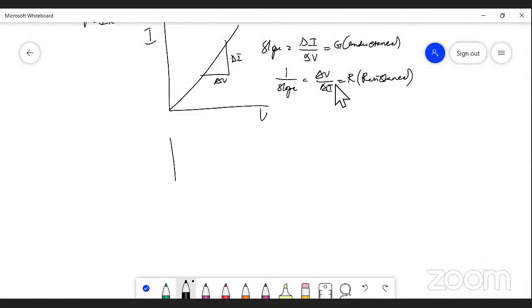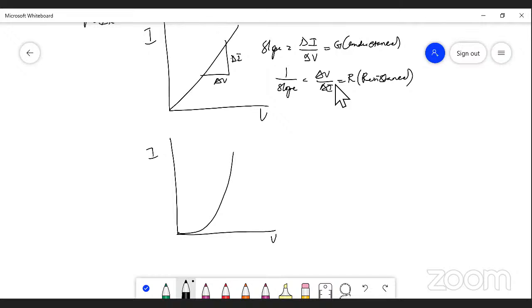There are some other conducting materials like diodes. We can say the variation of current with respect to potential difference is not linear. If you look at the graph, you can see the curve is not linear.